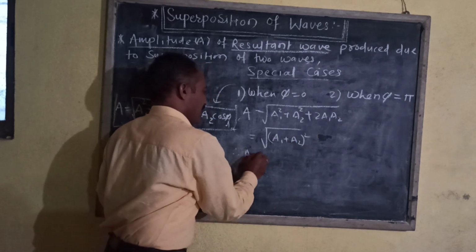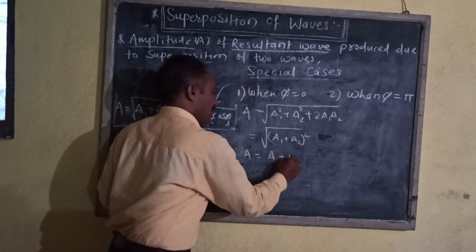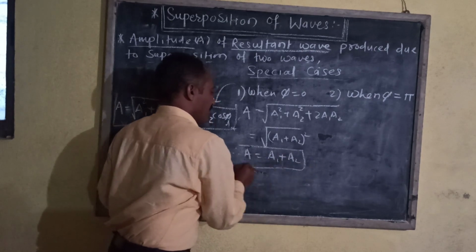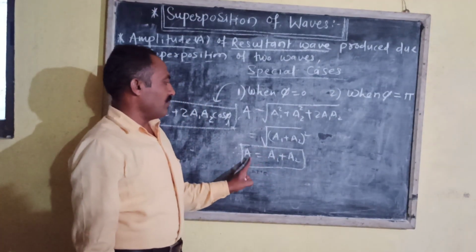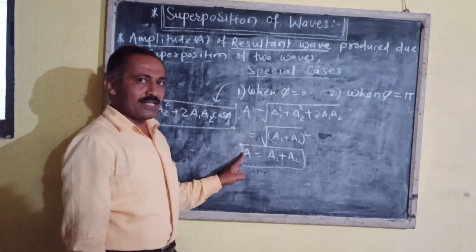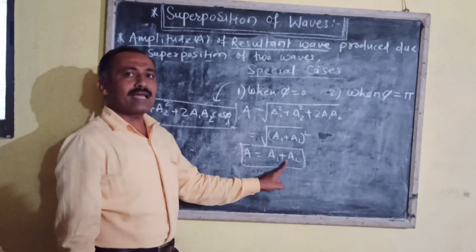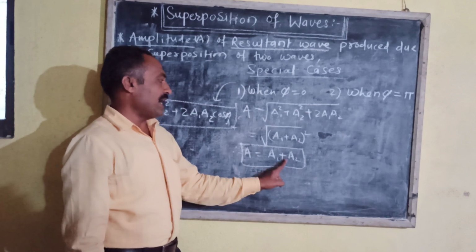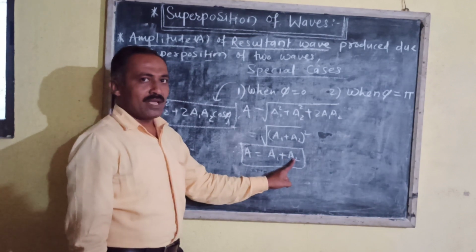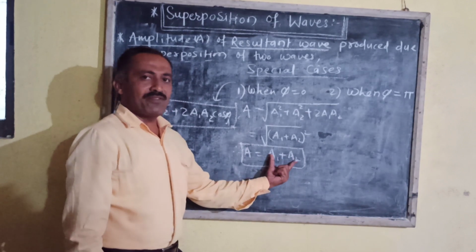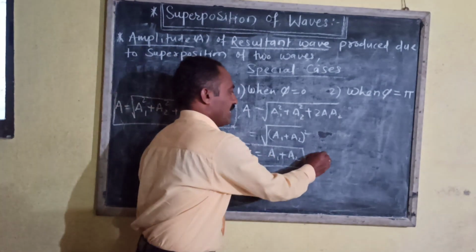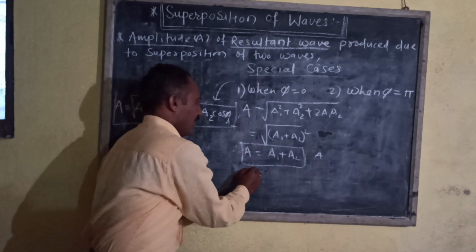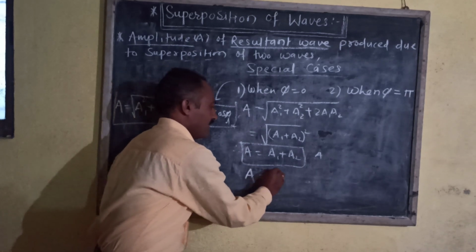Therefore A is equal to a1 plus a2. That means that when phi is equal to 0, when two waves are in the same phase, the resultant amplitude is maximum and the amplitudes add to each other. When two superimposing waves have the same amplitude a, we can write the amplitude of the resultant wave as twice a.